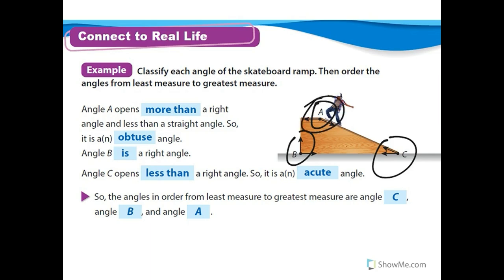It is an obtuse angle. Angle B is a right angle. Angle C opens less than a right angle, so it is an acute angle. So the angles in order from least to greatest are angle C, then angle B, and angle A is the greatest.